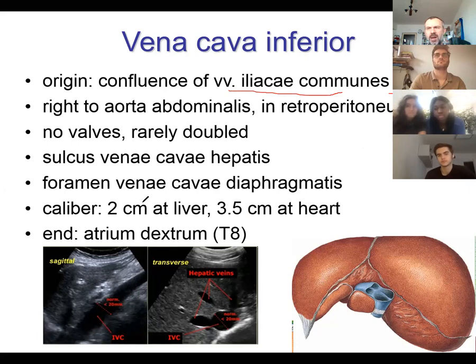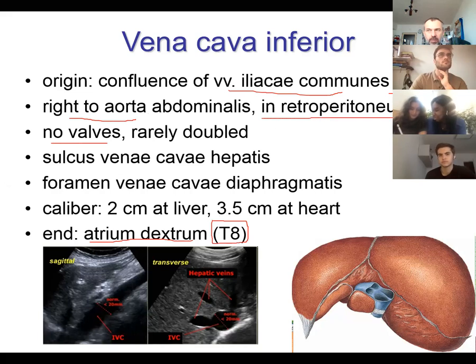It terminates in the right atrium, just after passing through the foramen of vena cava of diaphragm. It has no valves. It is located right to aorta. It's right-sided. Yeah, it's primarily within retroperitoneum as aorta, kidneys, suprarenal glands, ureters.